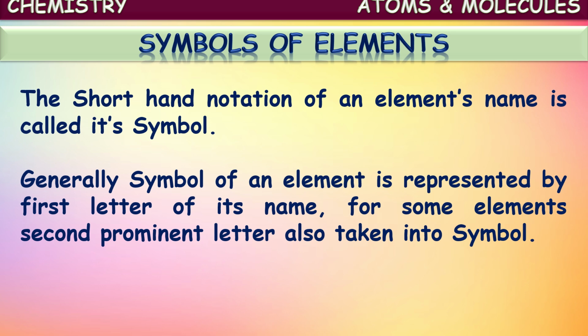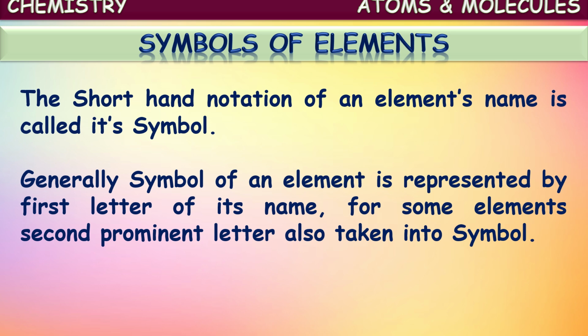But there are mostly 118 elements, and among those 118 elements, a few repeat the same first capital letter. In such cases, we give importance to one more prominent letter from the name.